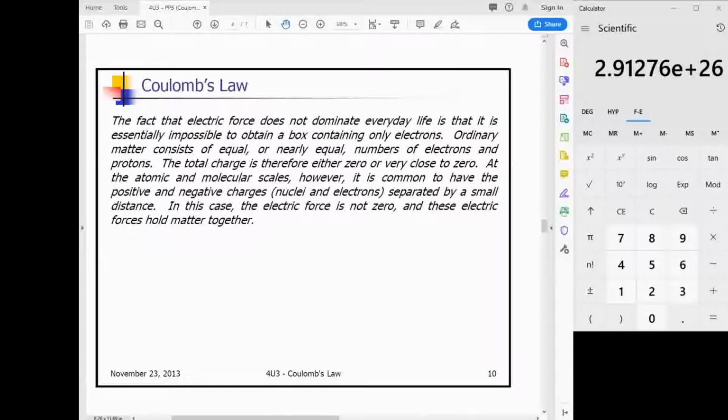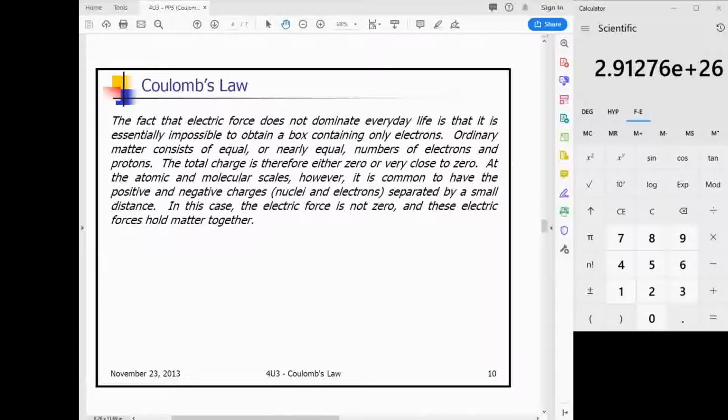There is no difference of charges that's going to be that great between one object and another, although the slight differences between them do cause these forces.